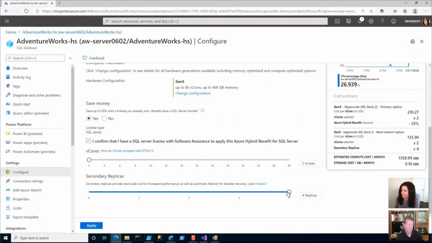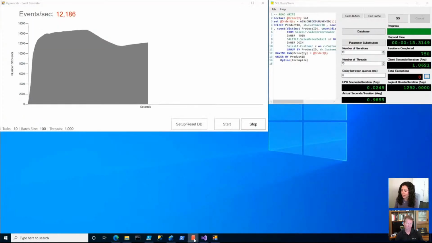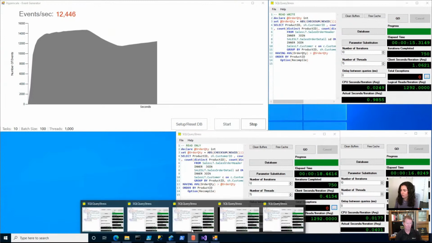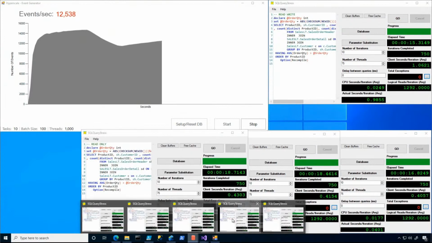So what we can do is scale up our readable replicas to 4, and then go back, and I actually have 4 other SQL query stress windows, just 4 to show we're doing the same workload.